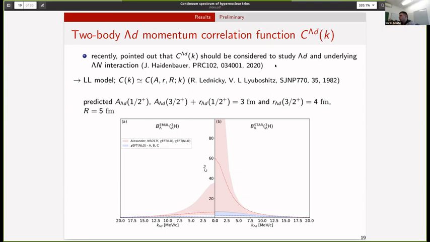So actually, yes, we can calculate the RMS radius of the Hypertriton ground state, but as I recall, we did not really look into it. I expect that in pionless EFT at leading order, the RMS radius would not be predicted that accurately.